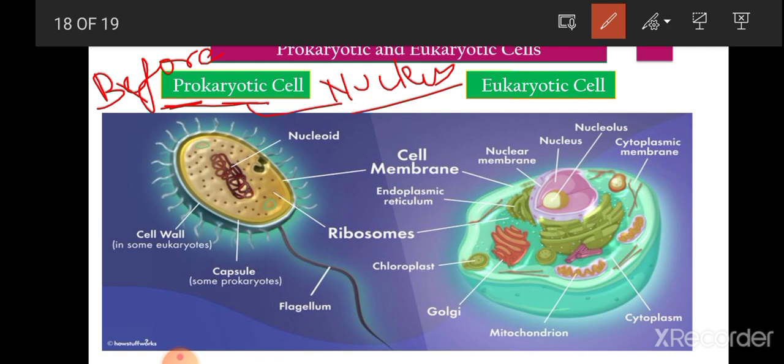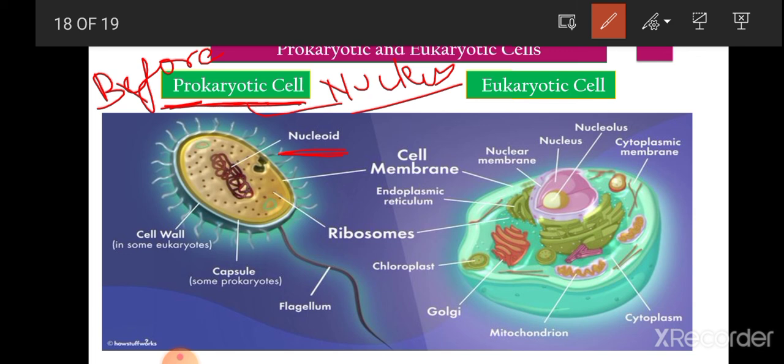So they are very primitive, means these prokaryotes or prokaryotic cells have a very primitive type of nucleus. Very primitive type of nucleus means they do not have a nuclear membrane. They lack a nuclear membrane. In such a cell, the nucleus does not have a nuclear membrane, so we can say that there is no proper organization of the nucleus, and that is why the nucleus in such a prokaryotic cell is called nucleoid. So what are prokaryotic cells?